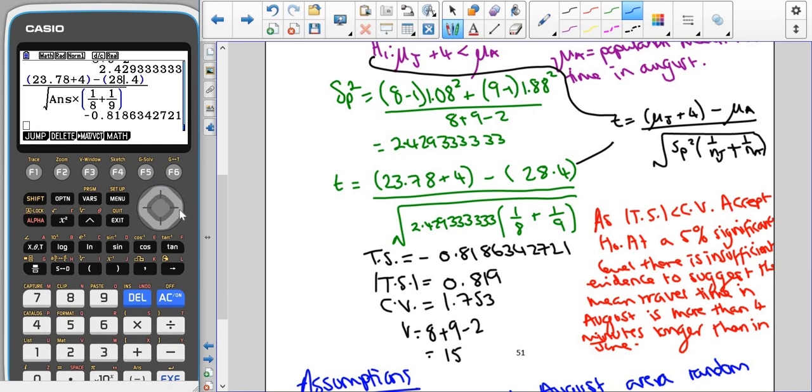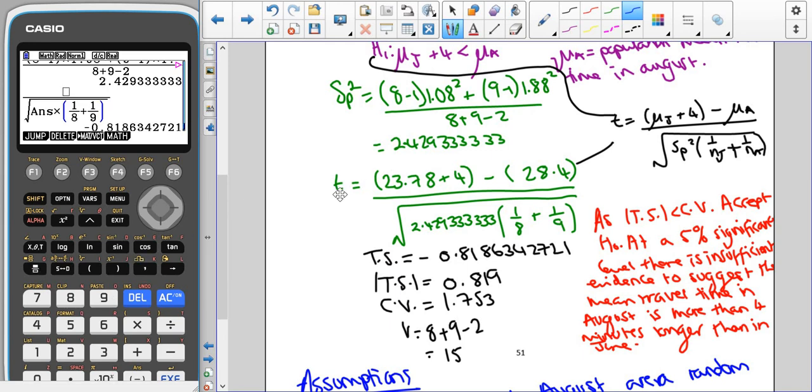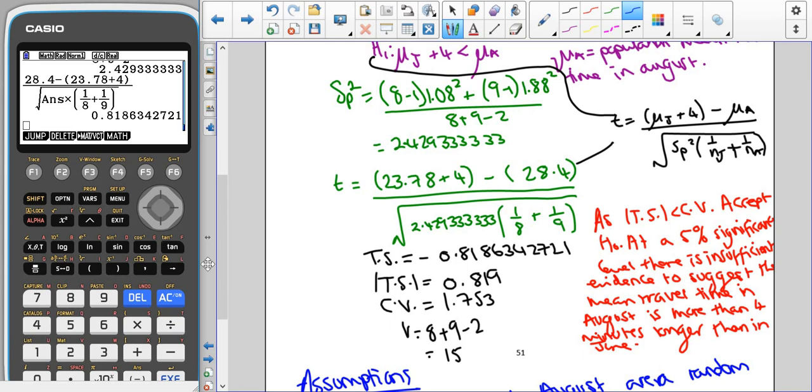If that happened, just to show you what that would give you, that would give us 28.4 minus 23.78 plus 4, making sure you've still got it in a bracket, which gives us 0.819 to 3 significant figures there. So like I said, it just makes the sign the opposite.